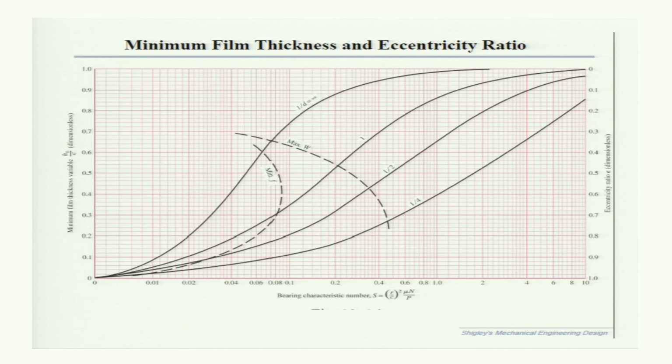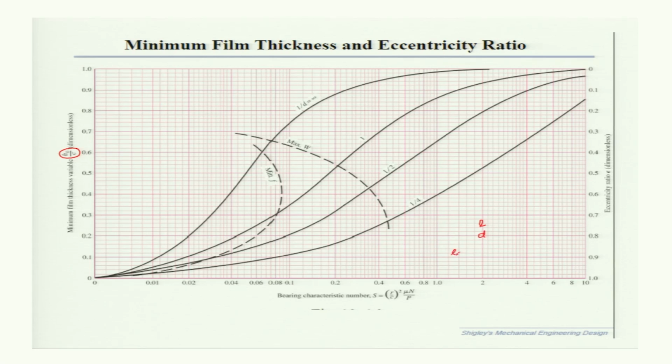So the first chart is related to a performance parameter given by H0 by C. Knowing the Sommerfeld number, these charts are with respect to Sommerfeld number, you may get the minimum film thickness corresponding to different values of L by D ratio. L is the length of the bearing and D is the diameter of the shaft.